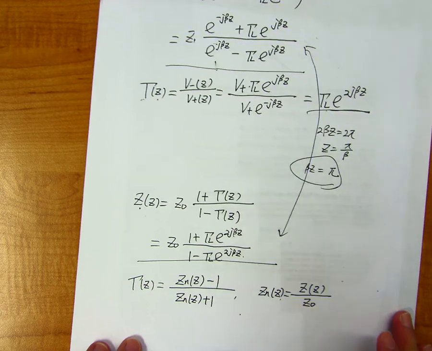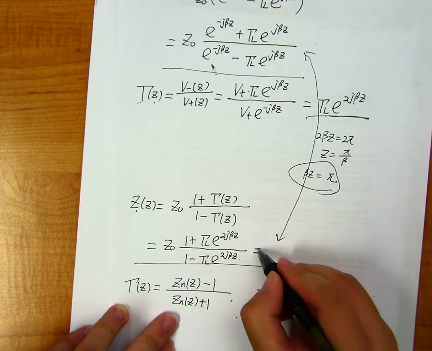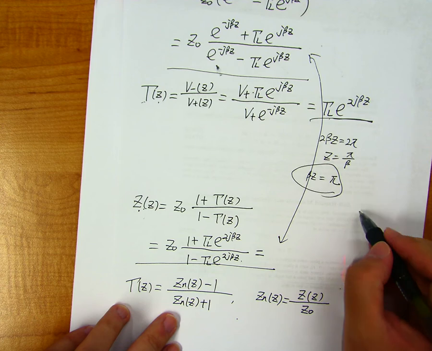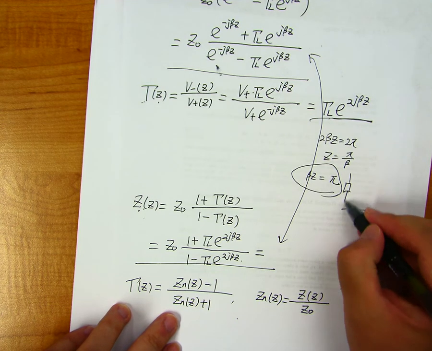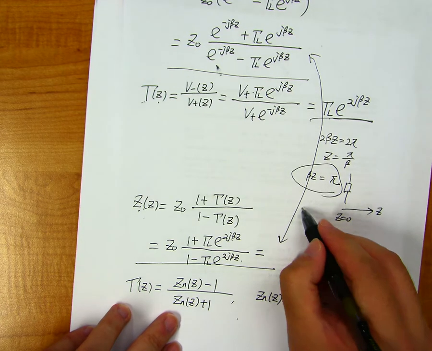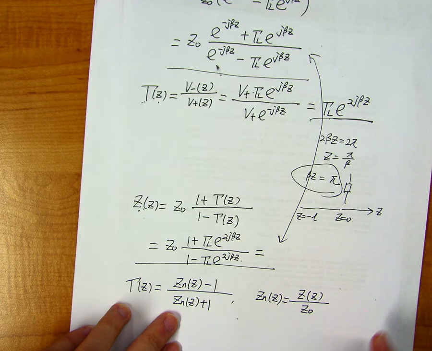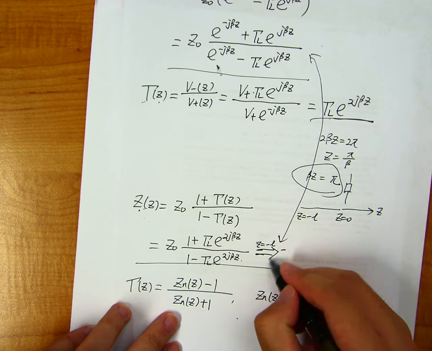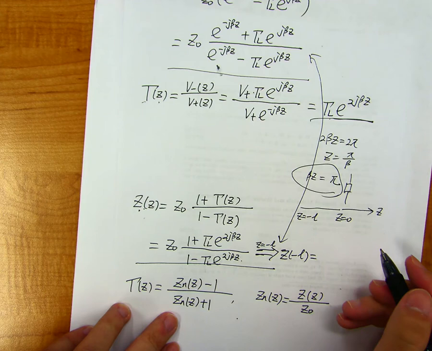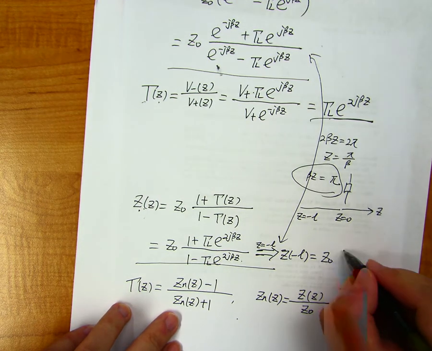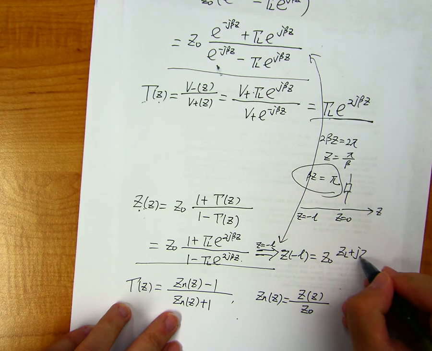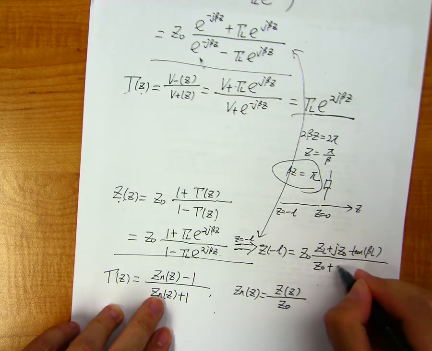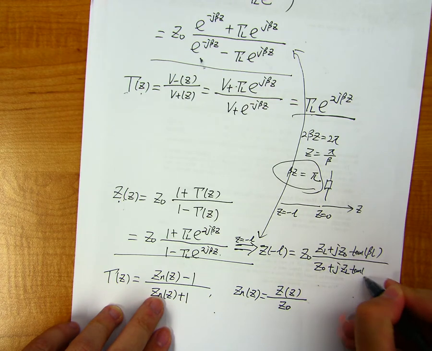And so if we have Z of z here, and we set the z-axis such that the load is at z equals 0, with positive z to the right, and on the left we have z equals negative L, if we just plug in z equals negative L, Z of negative L is equal to Z naught times (ZL plus j Z naught tangent beta L) over (Z naught plus j ZL tangent beta L).